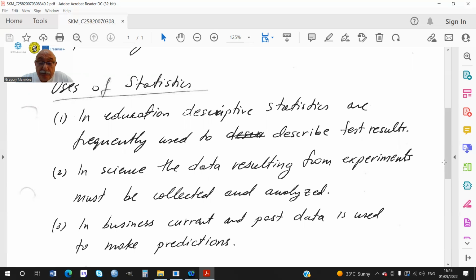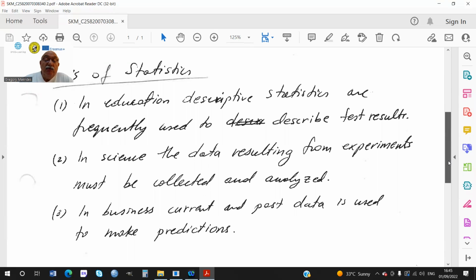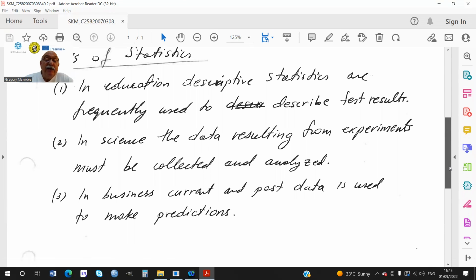You can use these test results to compute averages, the average test, to see if your score is above or below the average, or find the average score of female students or male students, etc. So you can do this easily with the simple example of the test results.